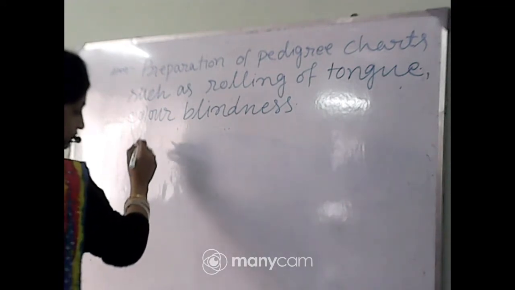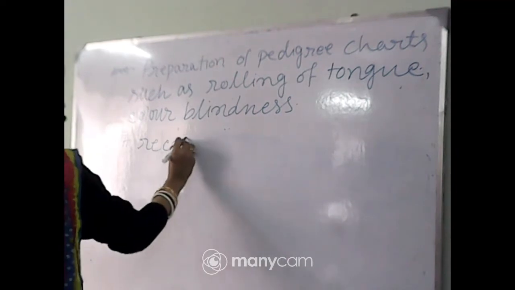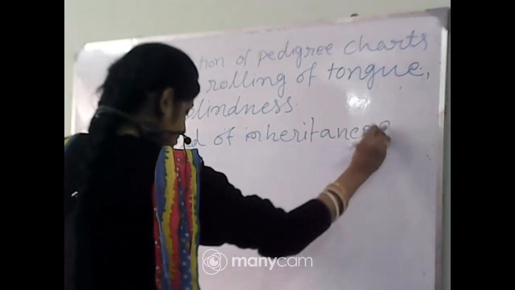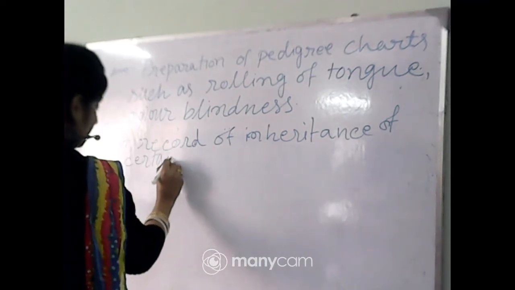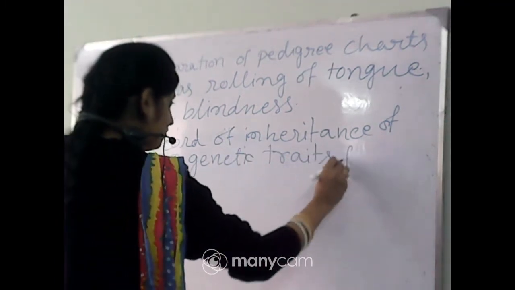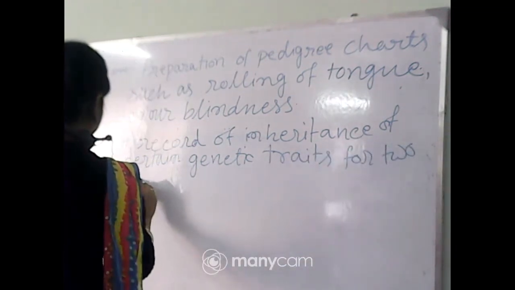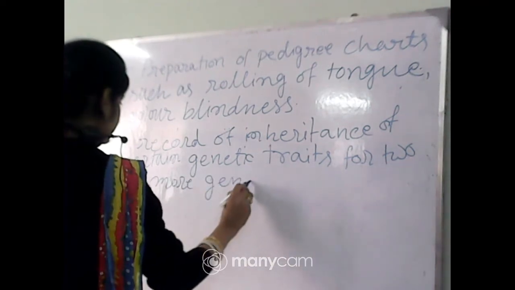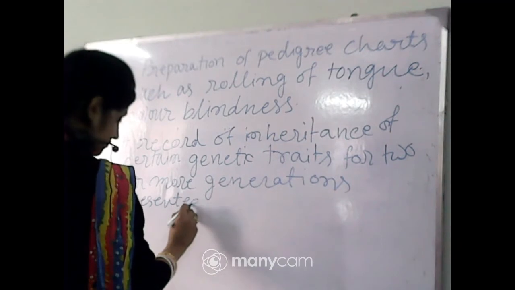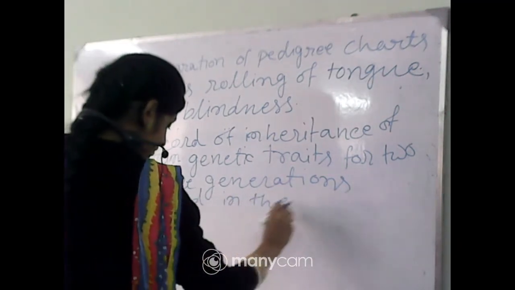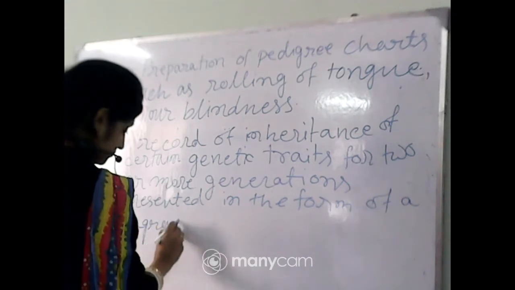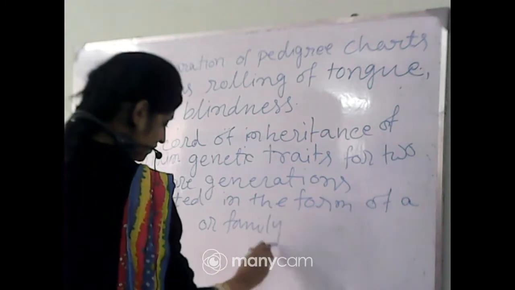So what is a pedigree? A record of inheritance of certain genetic traits for two or more generations presented in the form of a diagram or family tree.